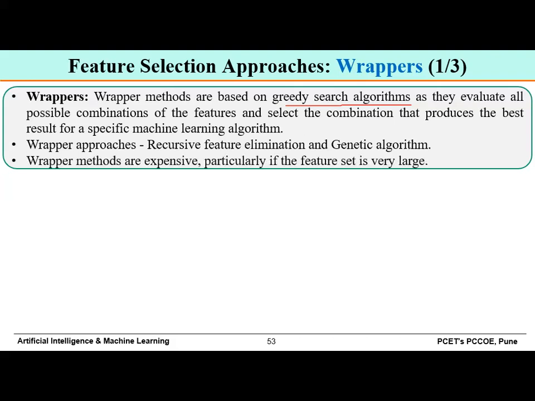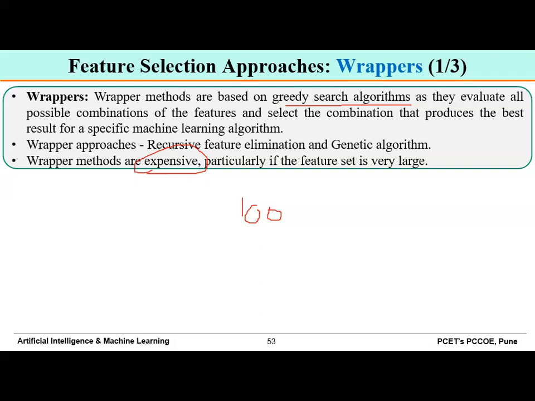Again, in the previous slide we discussed that wrapper methods are expensive and filtering methods are not expensive. So why am I saying it is expensive here? Because consider there are 100 features, and you want to study how these 100 features affect your model. One by one you will check, so 100 iterations will be there.